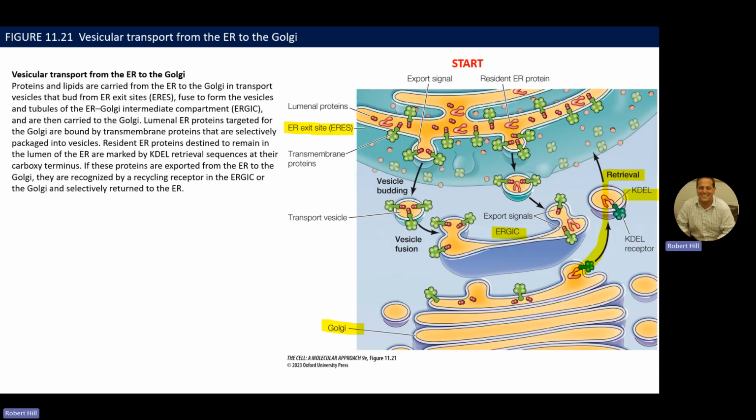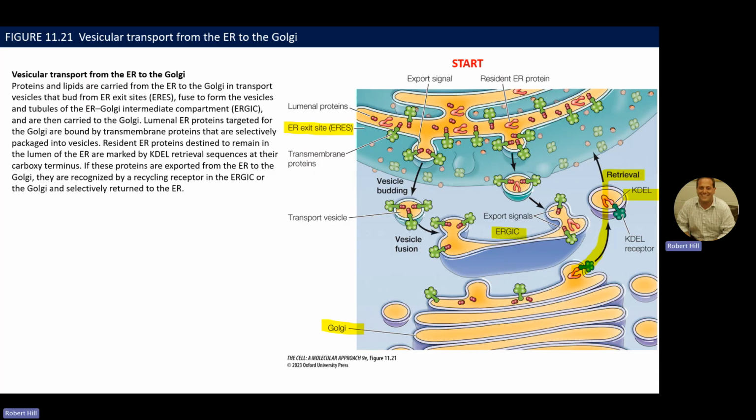It's a pre-sorting center where oftentimes proteins are put into vesicles in the ER and shipped out, and they shouldn't be. It's a mistake. These proteins will carry specific sequences called KDEL, which is basically a reshuttling sequence to get the protein back to the ER.